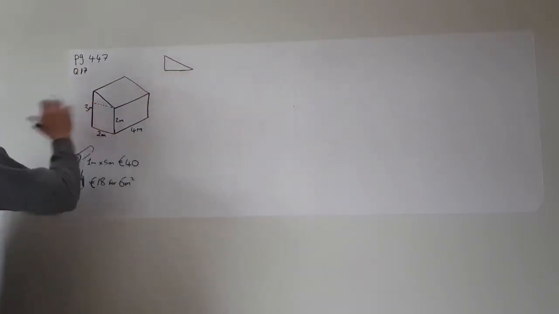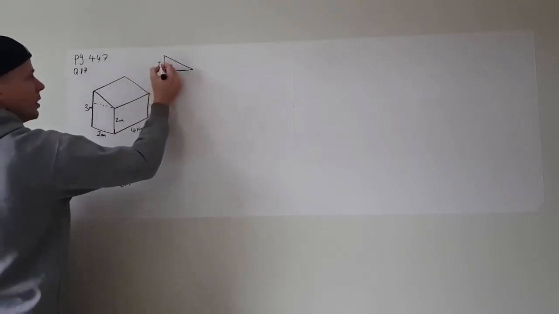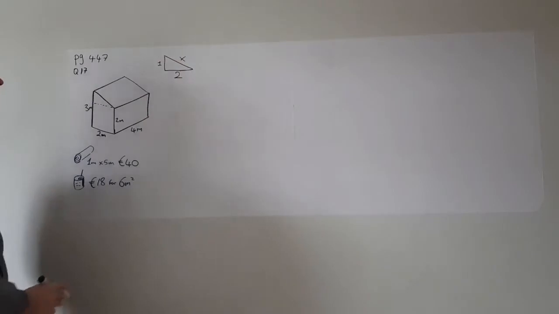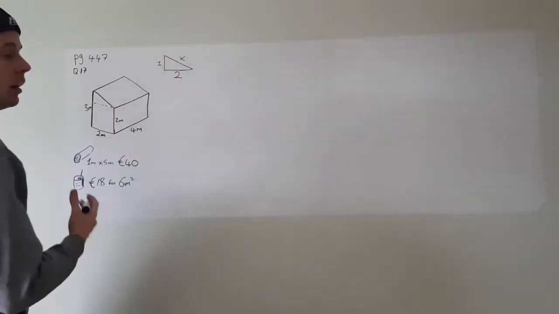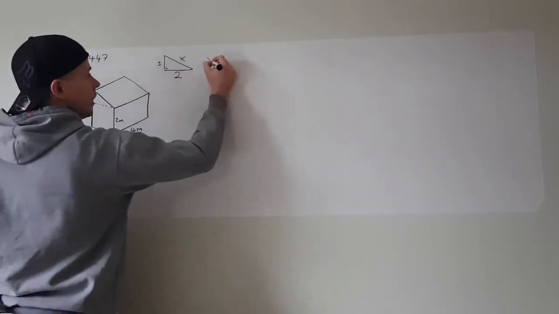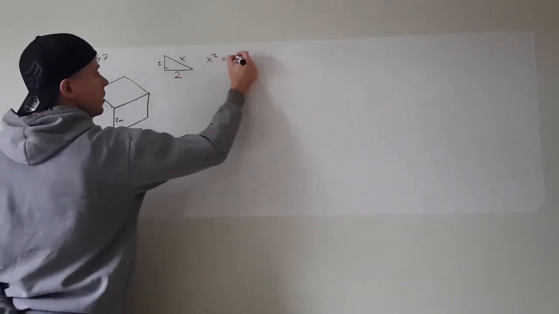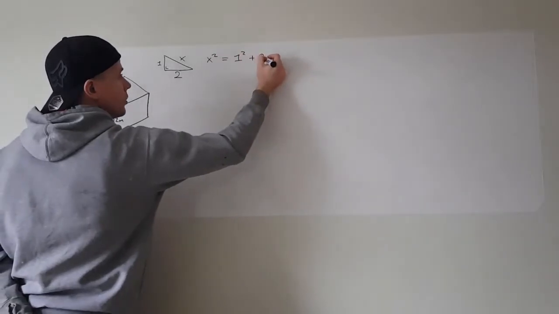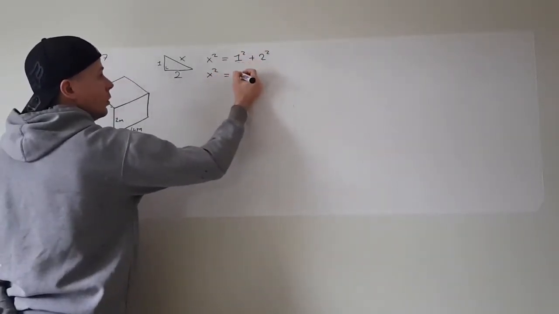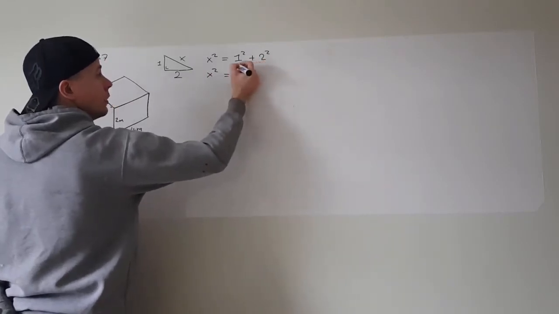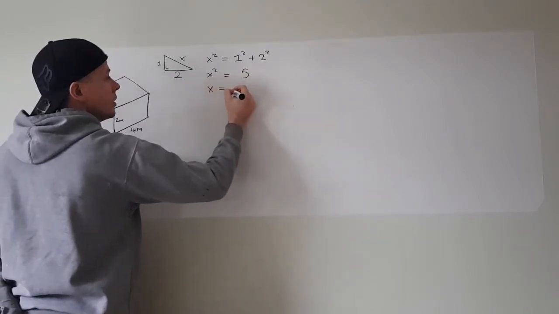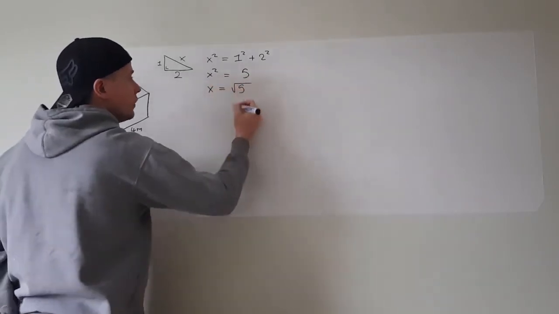This is the top bit of this roof. The height of it is 1 meter, the width is 2 meters, and we want to find x. How do we find the third side in a right angle triangle? Pythagoras. So x squared is equal to 1 squared plus 2 squared. So x squared will equal 1 squared is 1, 2 squared is 4, 4 and 1 is 5. So x here is equal to the square root of 5.